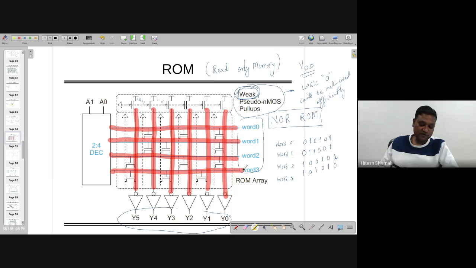Here, wherever you see a transistor which is connected to ground, you are going to keep a dot.